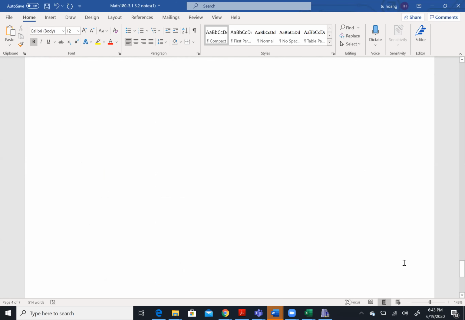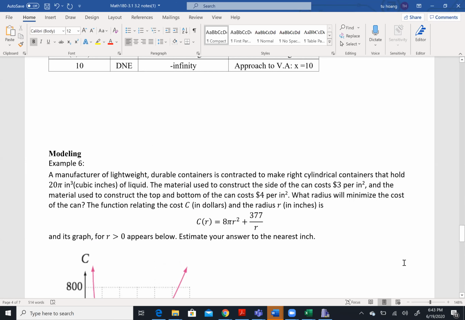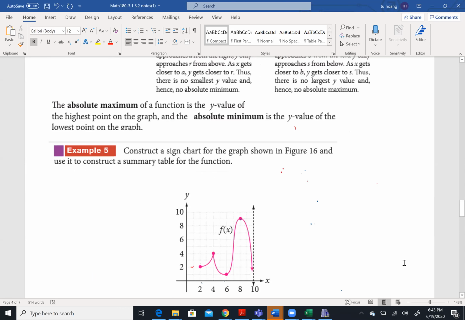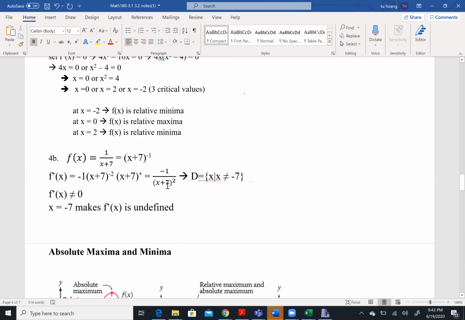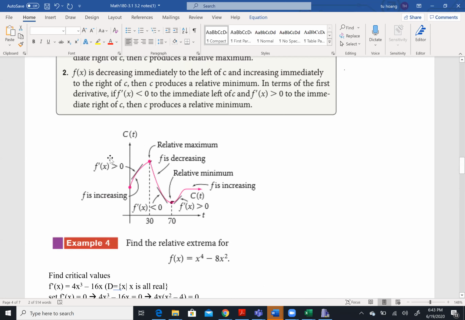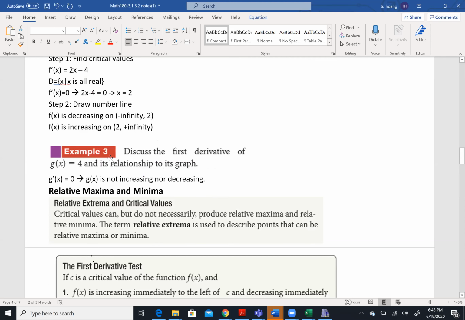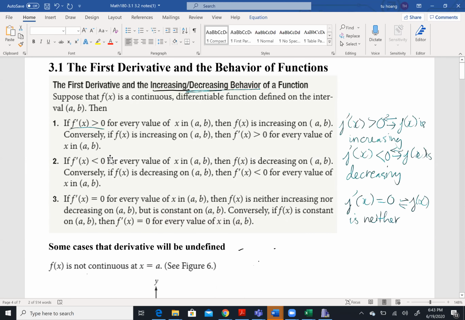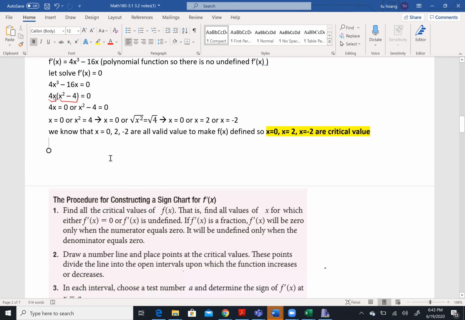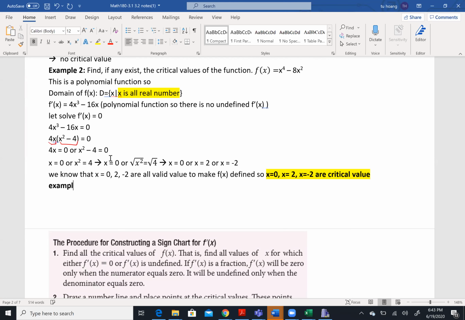I'm going to choose this one. Example 3.